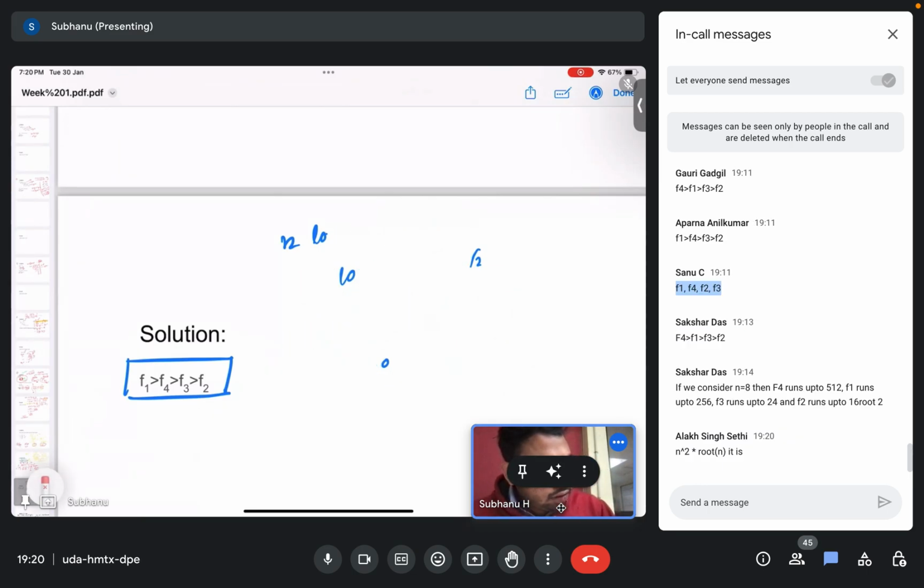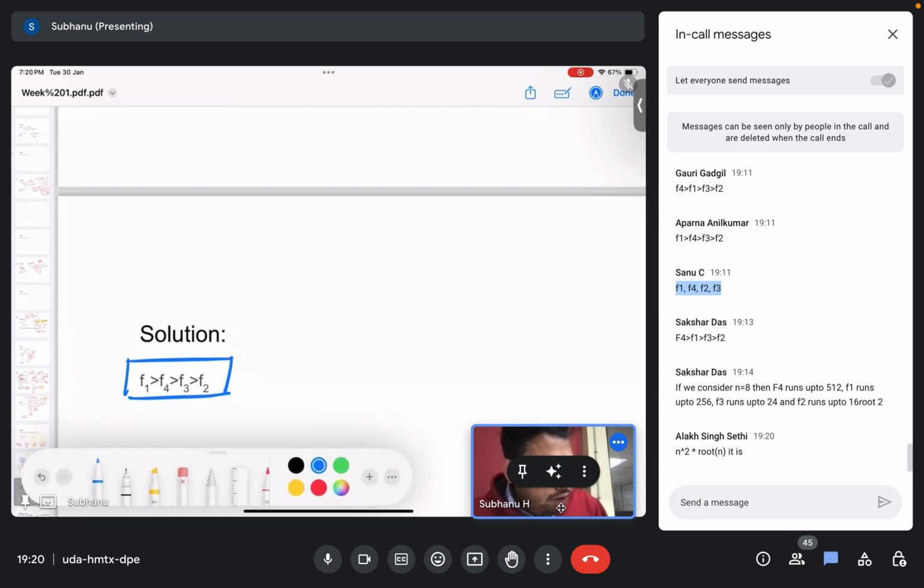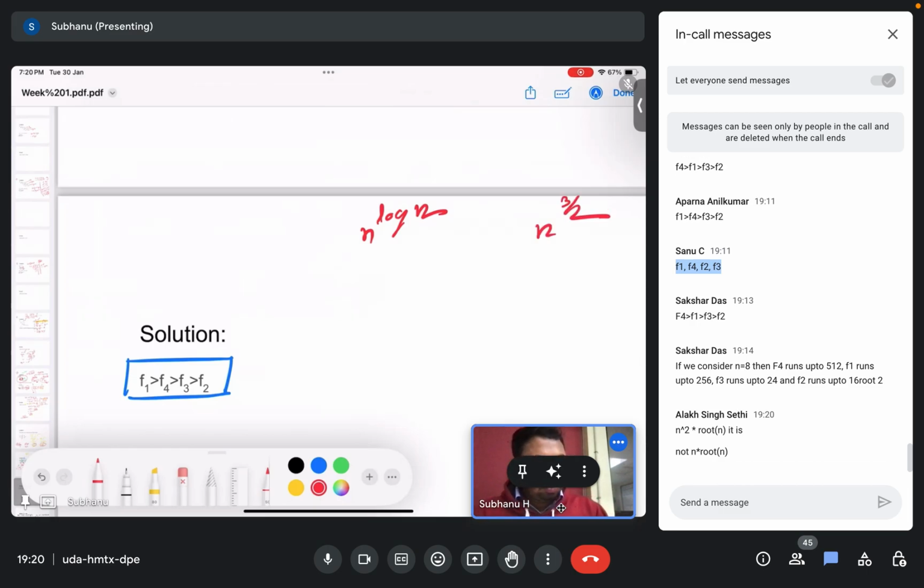So this was our case, where we got stuck. n to the power log n and n to the power 3 by 2. Also we can write, sir, n into log n, right? It is F3. Sorry.